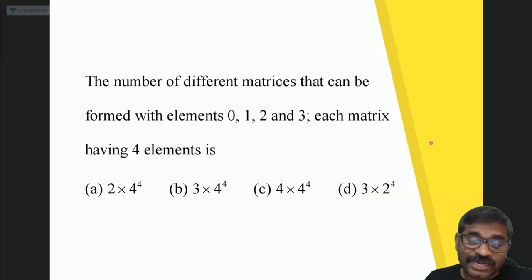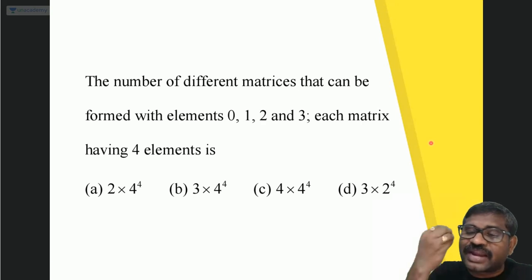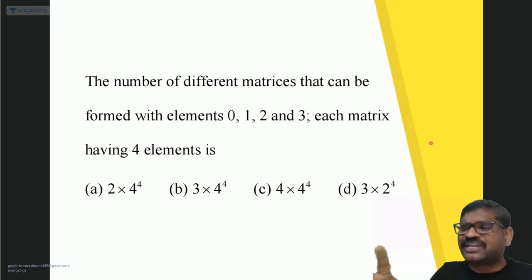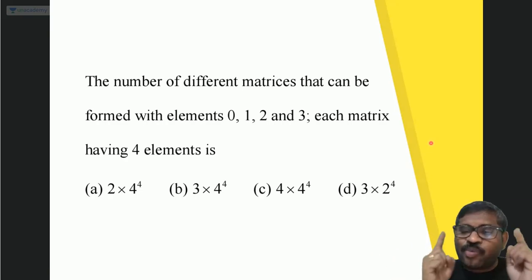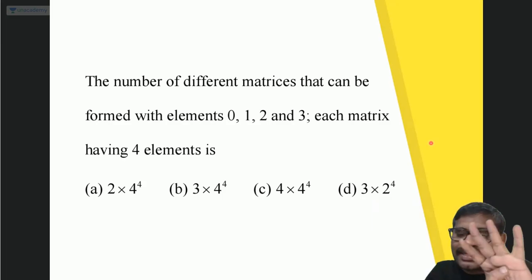Whether the matrix is a square matrix or a rectangular matrix, is there any hint? There is no hint. So you can arrange either a rectangular or square matrix, whatever it is. How many different matrices you can generate with these 4 entries? That number of matrices you have to write.